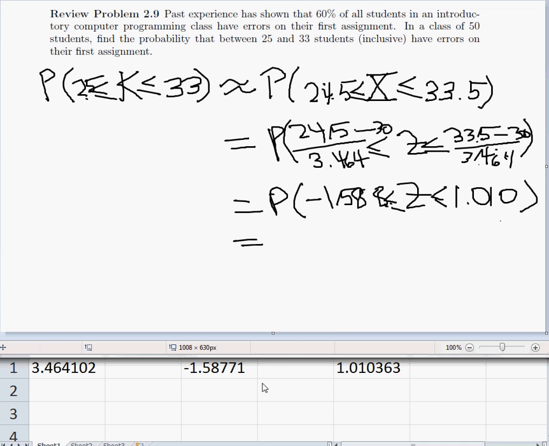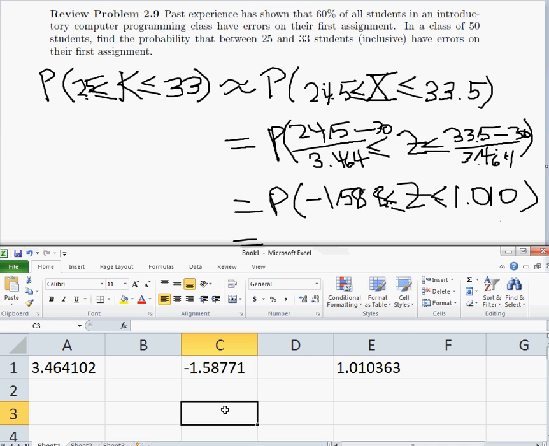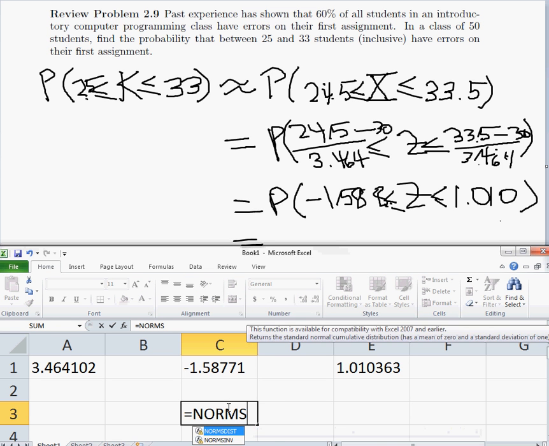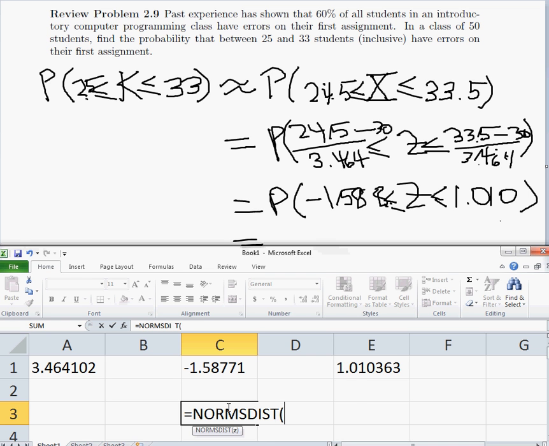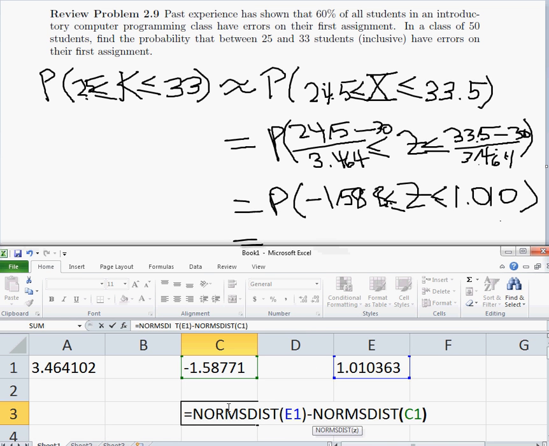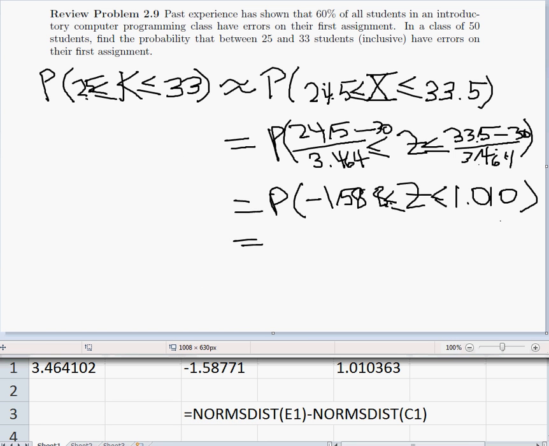Then we use either Excel or a graphing calculator to compute this probability. That'll be equal to NORM.S.DIST of the larger number, A1, minus NORM.S.DIST of the smaller number, C1. The area to the left of 1.01 minus the area to the left of negative 1.588. Let me draw the picture here to see how that works. There's your bell curve.